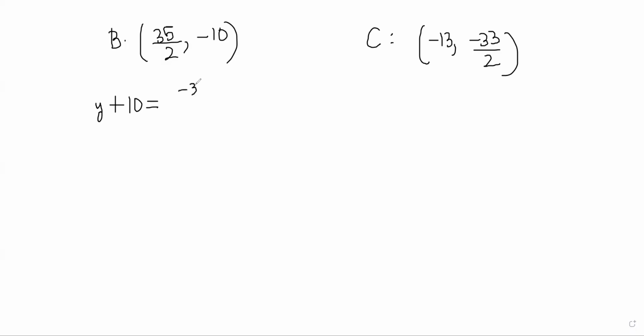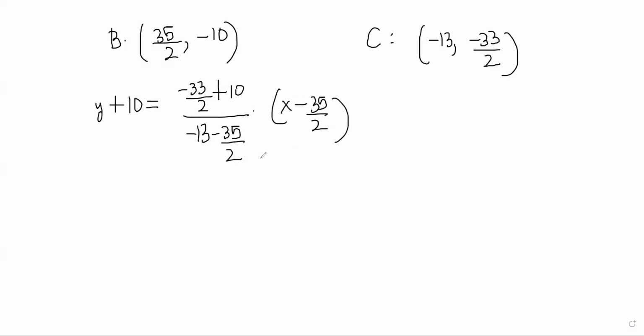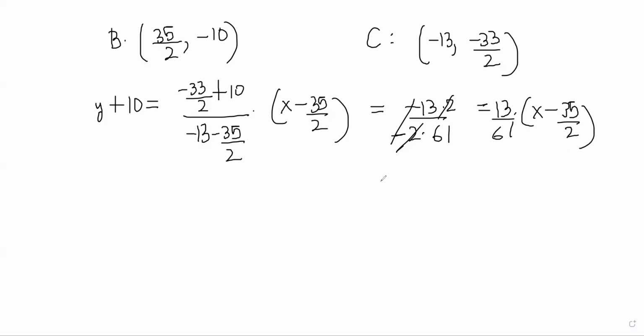So it will be minus 33 by 2 plus 10, divided by minus 13 minus 35 by 2, times x minus 35 by 2. So the slope on top is becoming minus 13 by 2, and here it is becoming minus 61 by 2. So this gets cancelled. You have 13 by 61 as the slope multiplied by x minus 35 by 2, right?